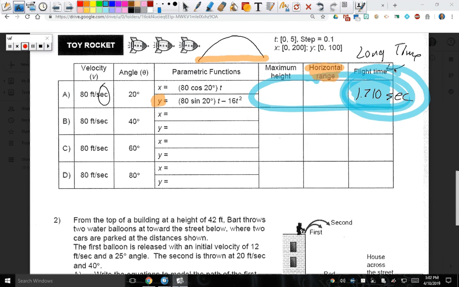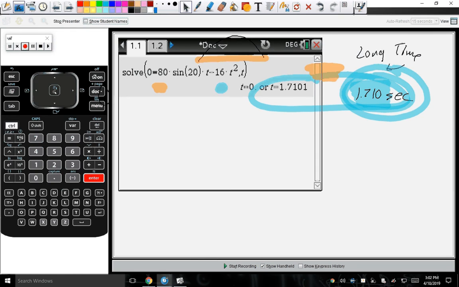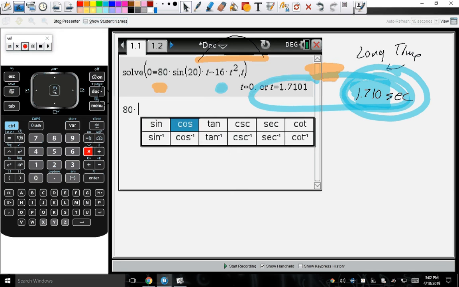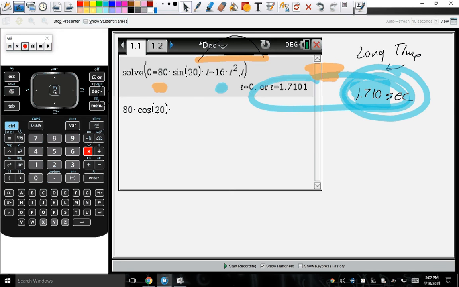I could plug it in here so that I could see x-wise how far did it travel. You with me? So I'm going to go to my calculator and I'm going to put 80 cosine 20 times what I got for that x. So 80 times the cosine of 20 times 1.710. And you get 128.55. Okay?